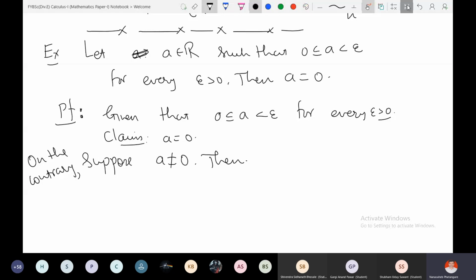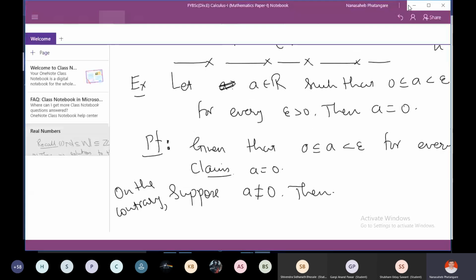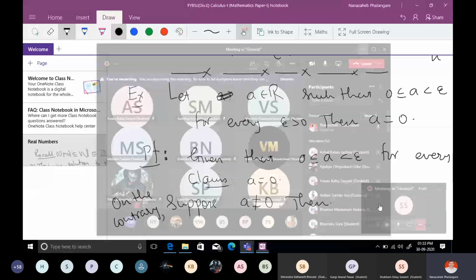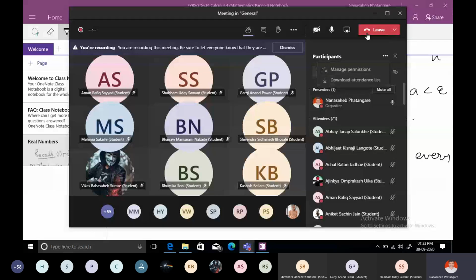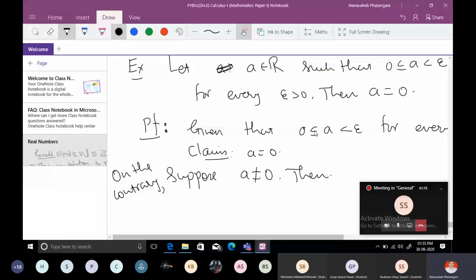Because our basic assumption is that a is non-negative, meaning it is either positive or 0, and when I say it is not 0, then it must be positive, because a has only two possibilities, either 0 or positive. Then a must be positive.